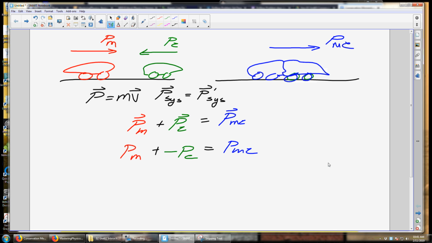Now I touched it. Let's see. Mass of the minivan, velocity of the minivan, minus mass of the car, velocity of the car, equals, this is the mass of the mini car and the velocity of the mini car.